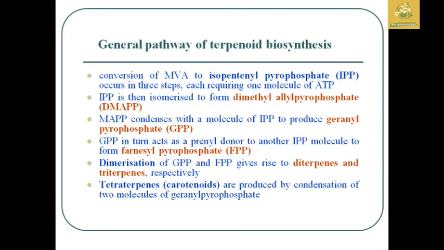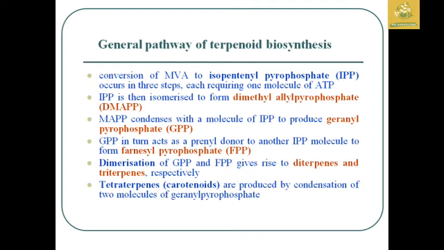So after that, 1 molecule of ATP is required to form dimethylallyl pyrophosphate, DMAPP. So the IPP, which is condensed with DMAPP, is used to produce geranyl pyrophosphate, the GPP.